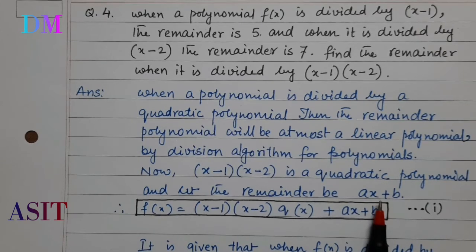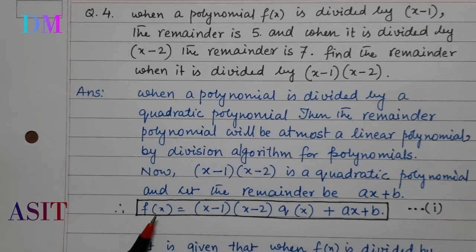And we know that the general form of a linear polynomial is ax plus b. So we can write when f(x) is divided by (x minus 1) into (x minus 2), then q(x) is the quotient polynomial and ax plus b is the remainder polynomial.